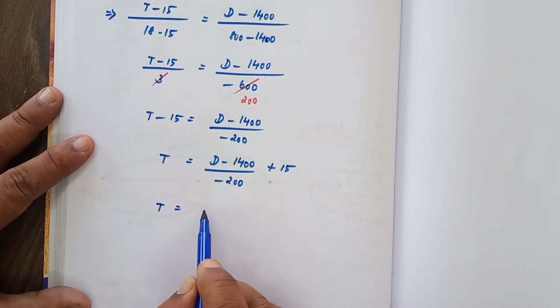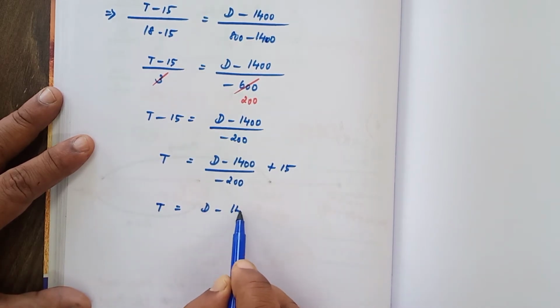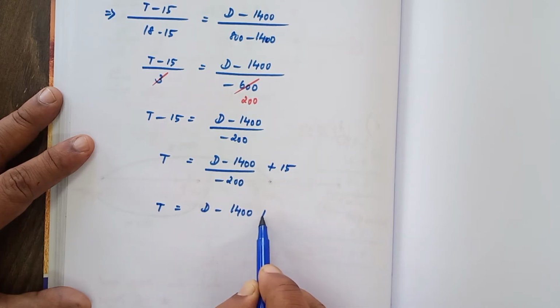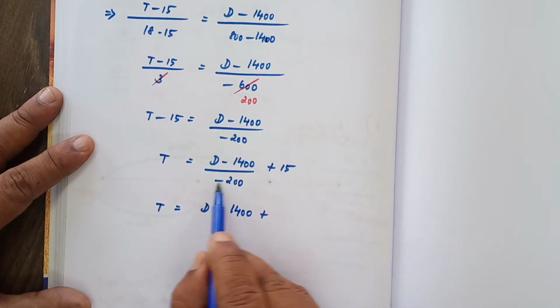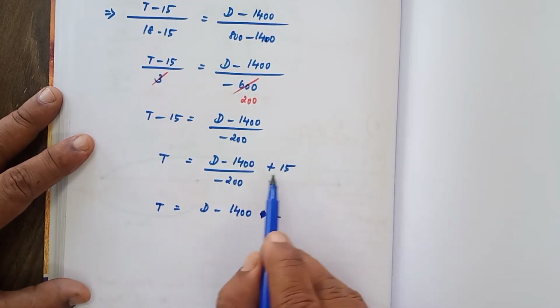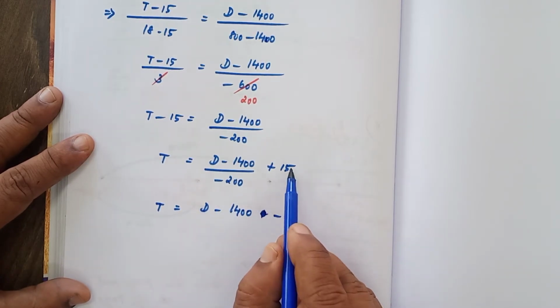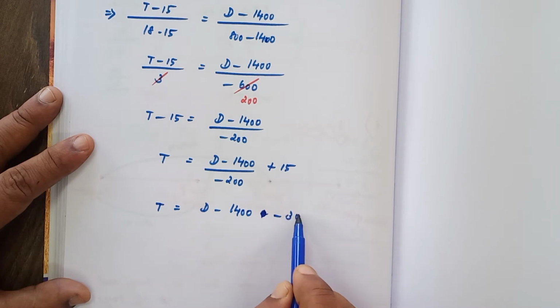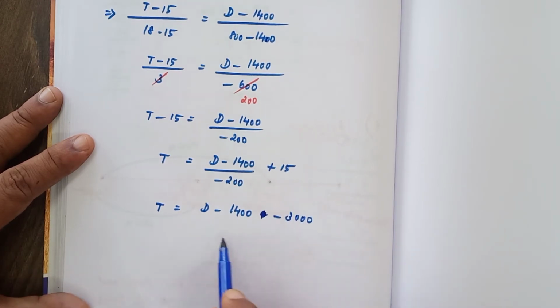So t equals (d minus 1400) plus, I have to multiply these two, 200 into 15, that is 3000, whole divided by minus 200.